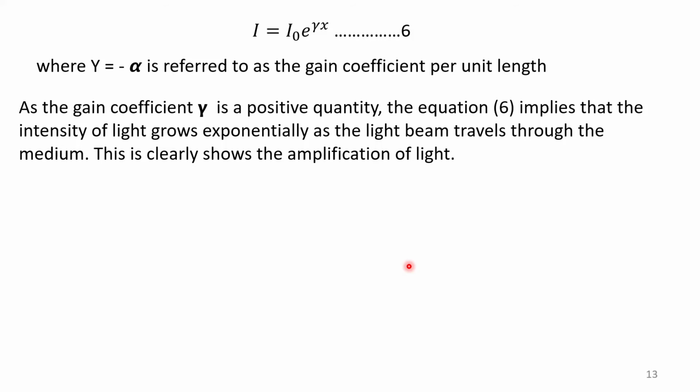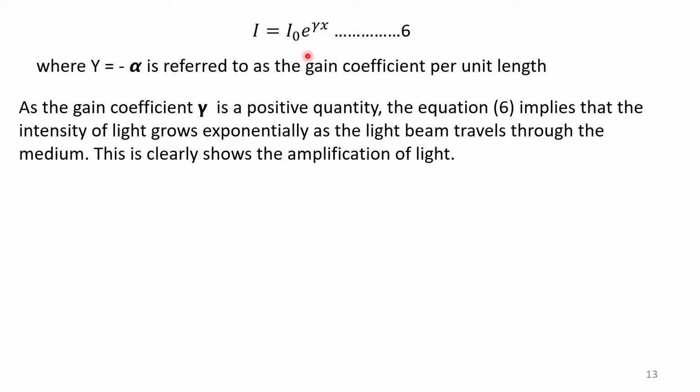Now as the gain coefficient is a positive quantity, equation 6 implies that the intensity of the light grows exponentially as the light beam travels through the medium. That means from these equations we can say that the exponential term is positive.